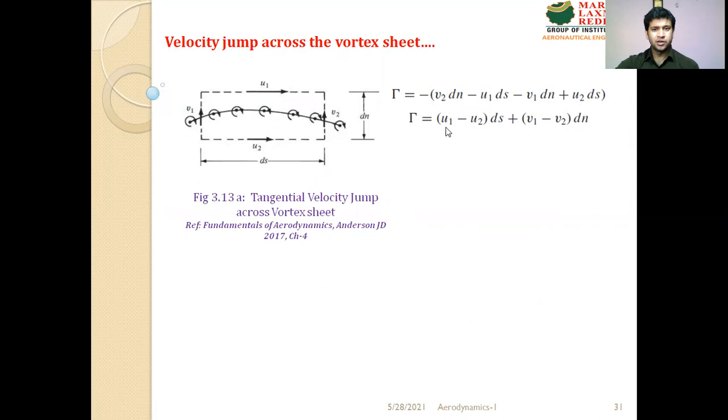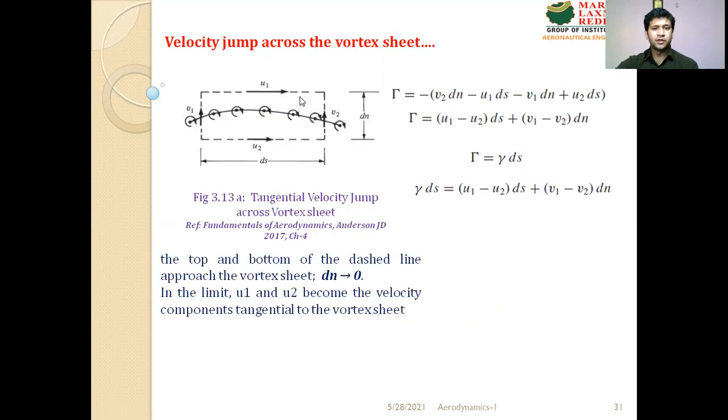So therefore, this gamma is equal to u1 minus u2 into ds plus v1 minus v2 into dn. After simplifying this, we know circulation is gamma ds. So replacing this gamma with lowercase gamma ds, gamma ds equals u1 minus u2 ds plus v1 minus v2 dn.